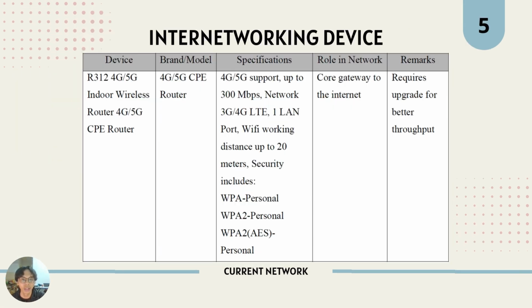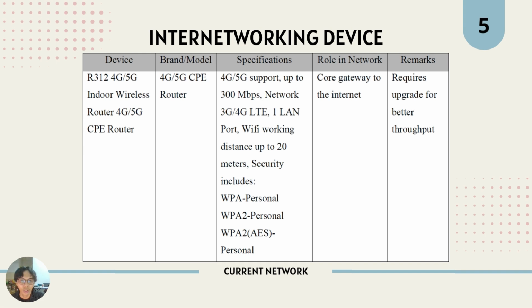So here we have a table of the internetworking devices, where I only use one device, which is the R312 router. The specification is as follows. It supports 4G and 5G up to 300 Mbps. It uses 3G and 4G LTE networks and has one LAN port.